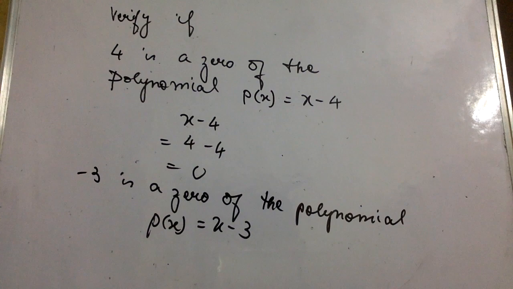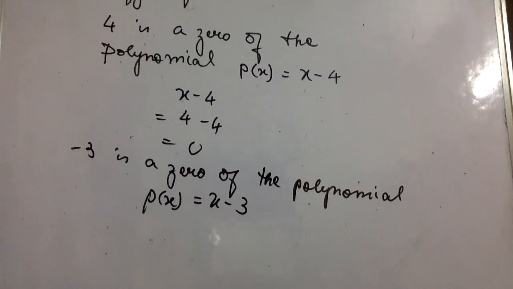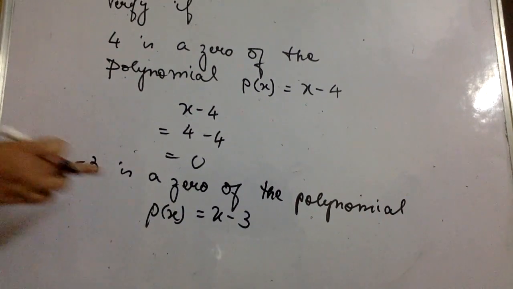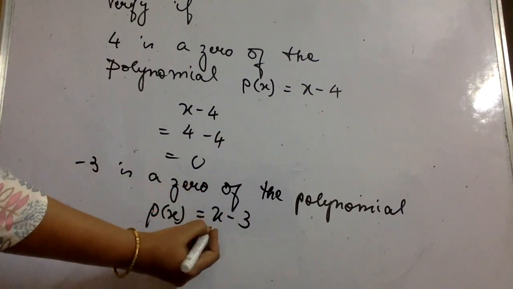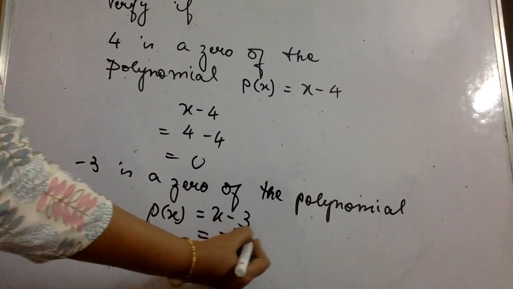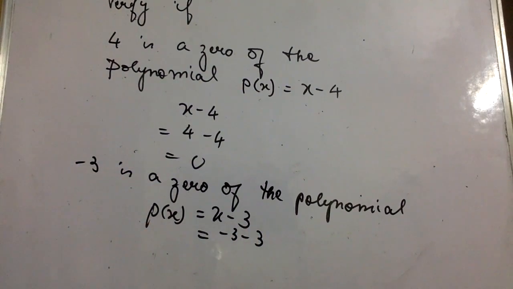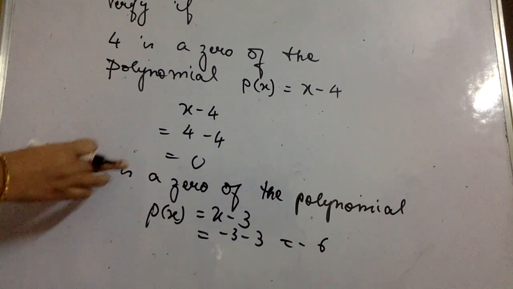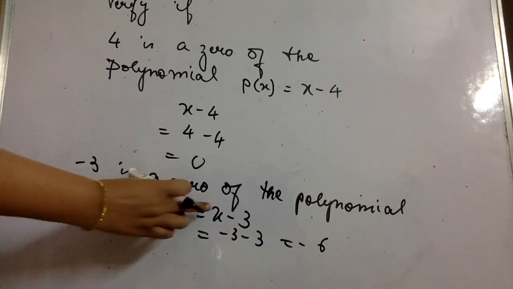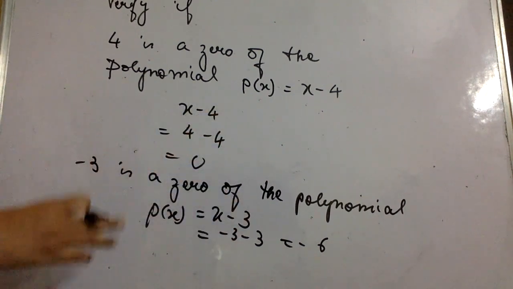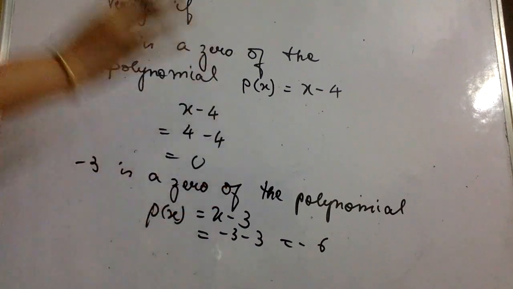What do I do now? Here, if I substitute minus 3, it comes to minus 6. So I cannot say that minus 3 is a 0 of the polynomial, because it has not converted this polynomial to 0, rather it gave me a value of minus 6.